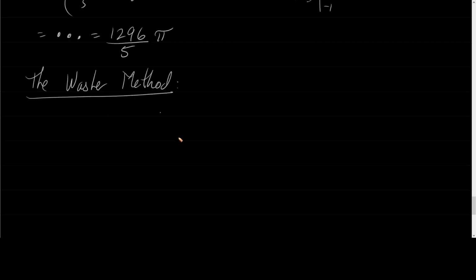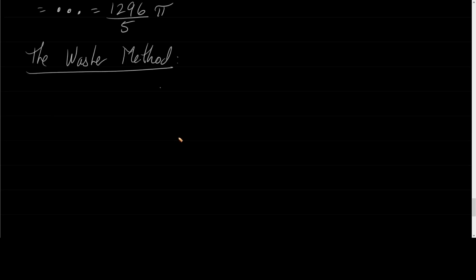So the idea is this. If you had to figure out this volume, let me draw this cylinder. If you had to figure out this volume with that hole in there, how would you do it?